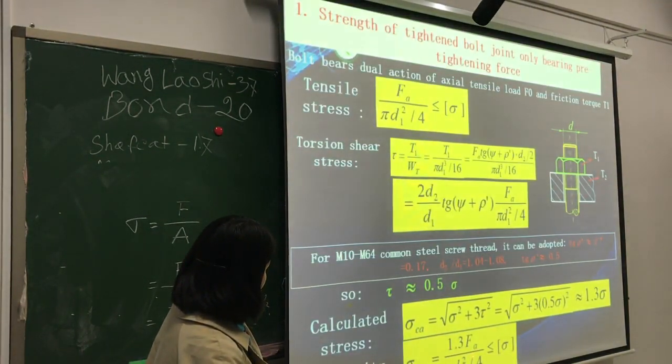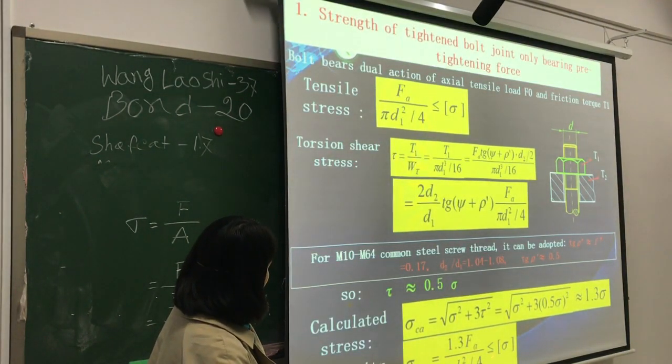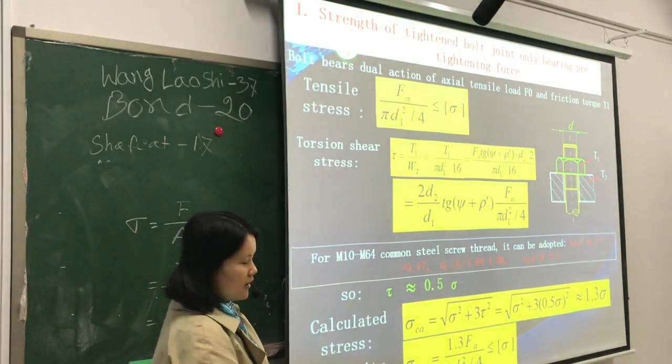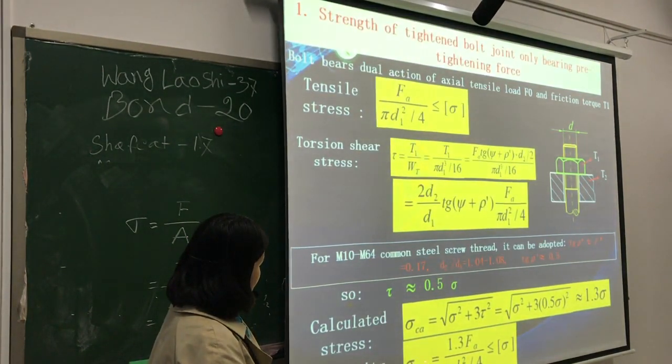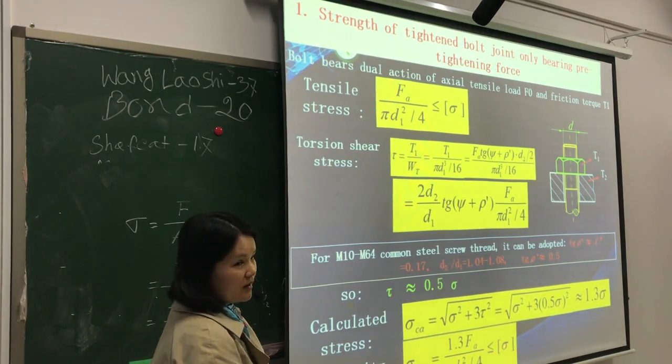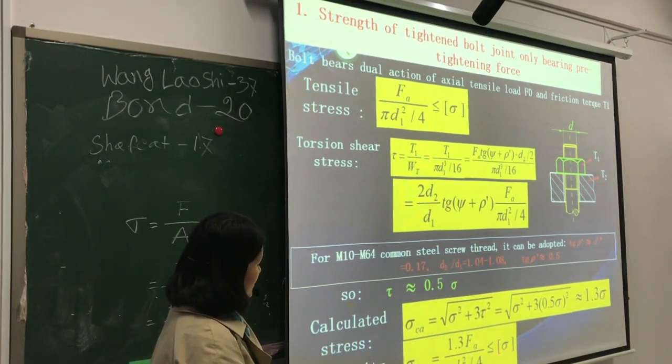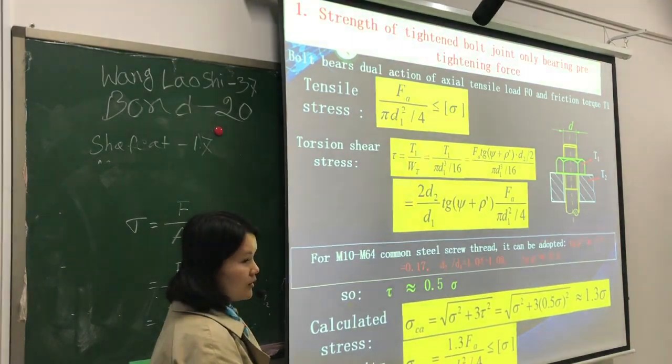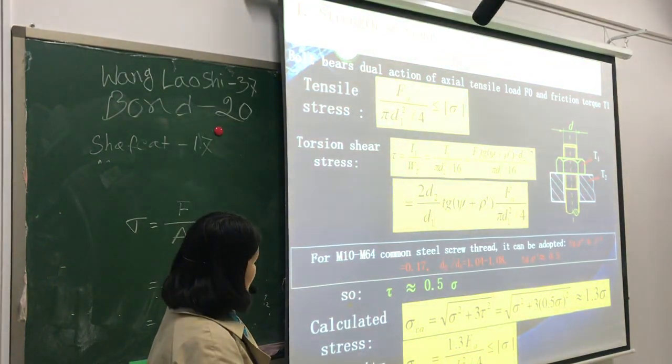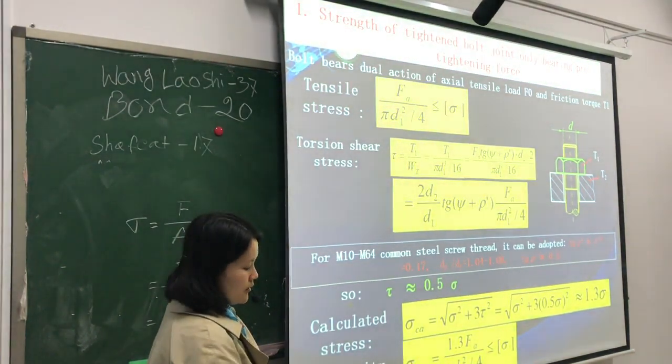This is the condition for only bearing preload, and the σca should be less than the allowable stress, and we can use this equation to calculate σca.